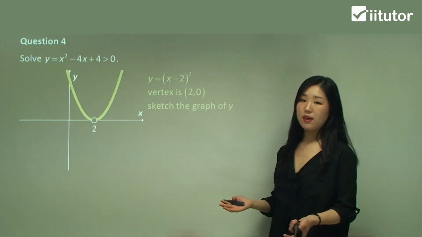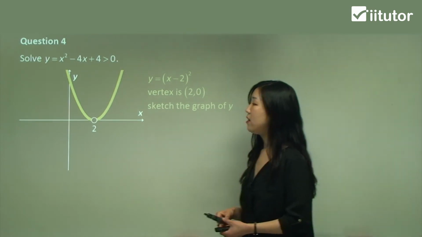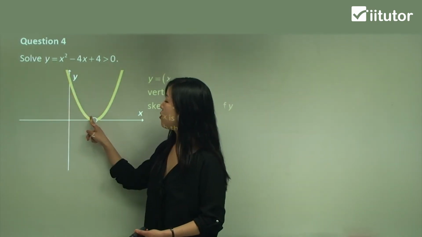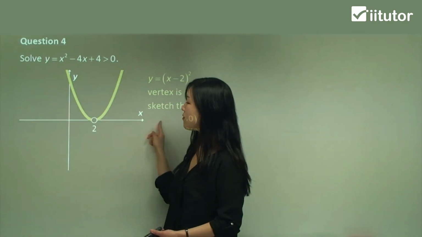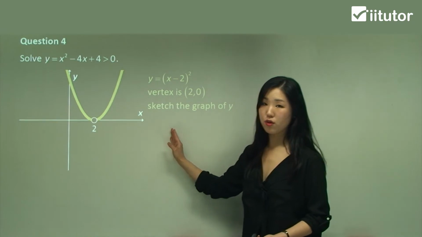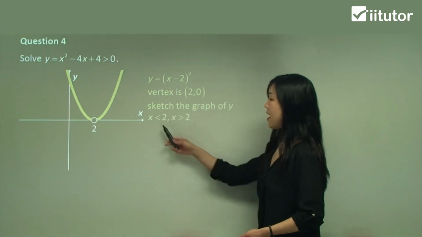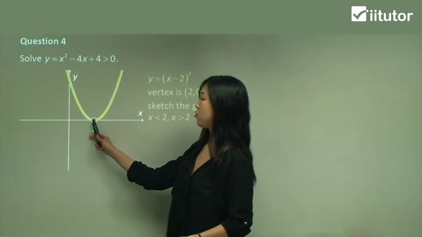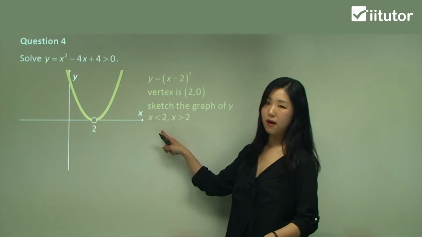So how should we write the answers or the solutions for this particular case? Well, all this yellow part is all the part that's on the left of 2, and this yellow part is all the values of x that's on the right of 2. So x is less than 2, not including 2, so I don't put the bar there.